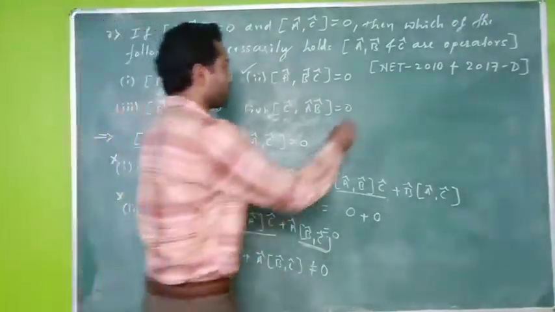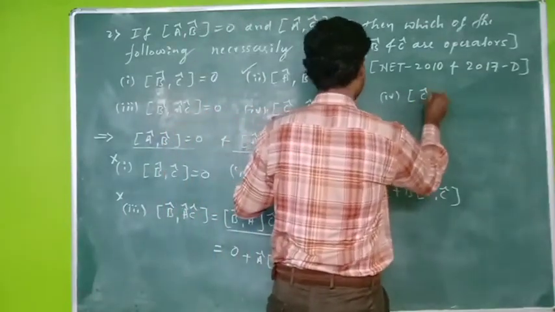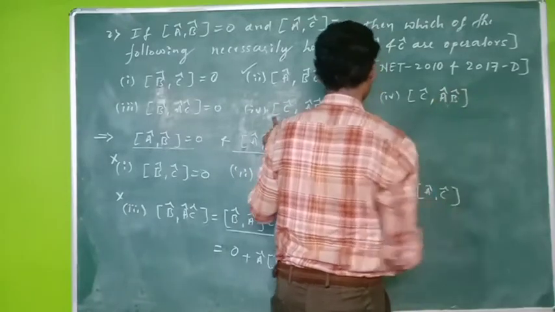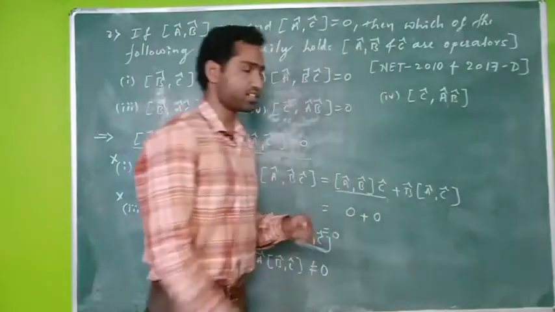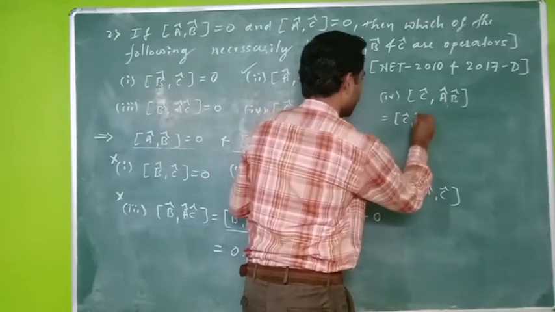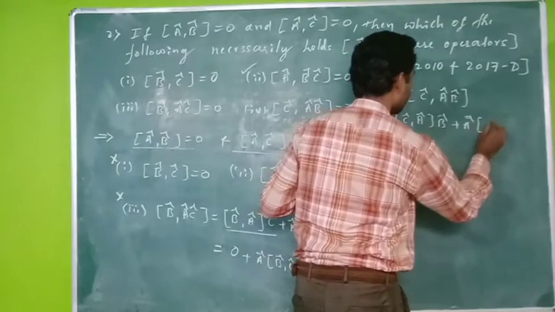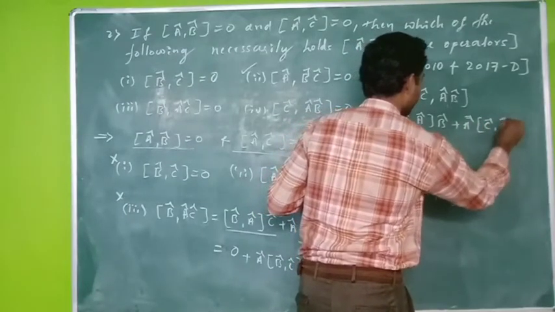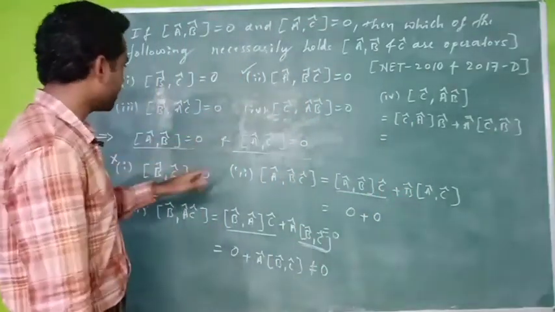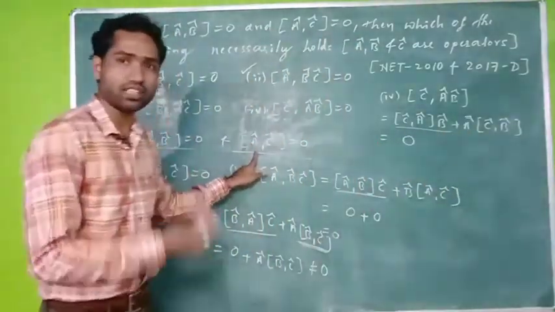So what about the fourth option? The commutator of C with the multiplication of A and B operators. This is equal to the commutator of C, A multiplied with the B operator, plus the A operator multiplied with the commutator of C and B. So that first term is 0, the whole term becomes 0, minus 0, that is nothing but 0.